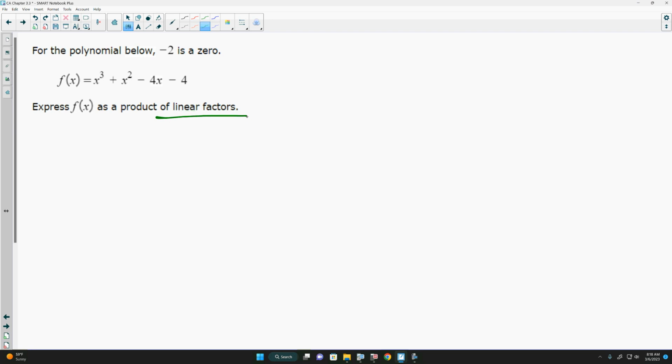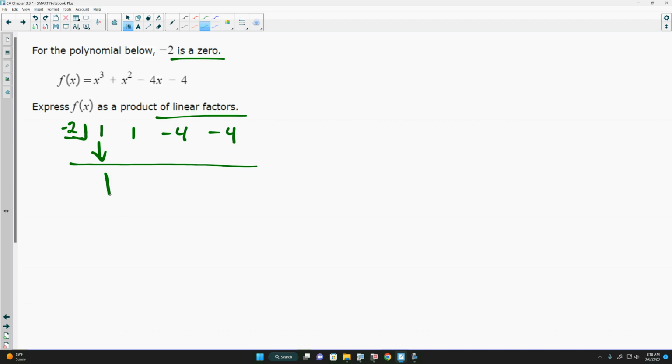Now they tell us for the polynomial, negative 2 is a 0. Now there's different ways we can go about doing this. One of them, and I'm going to show you this way here first, is that if this is a 0, that means we can use synthetic division. So 1 for x to the 3rd, 1 for x squared, negative 4 for x, negative 4 is our constant.